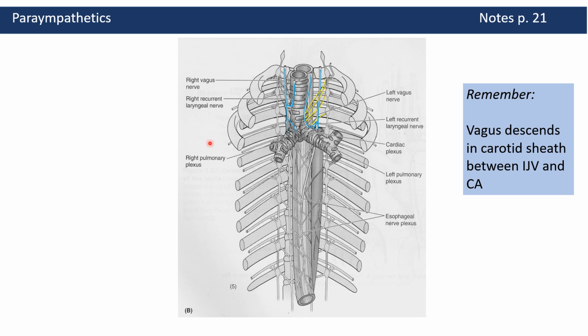And what we see is that the branches of the vagus participate with those cardiac nerves from the sympathetic plexus to create a plexus that contains both sympathetics and parasympathetics. And then they will either work to speed up or slow down the heart rate as appropriate. You'll talk about that more when you talk about thorax in the next block.